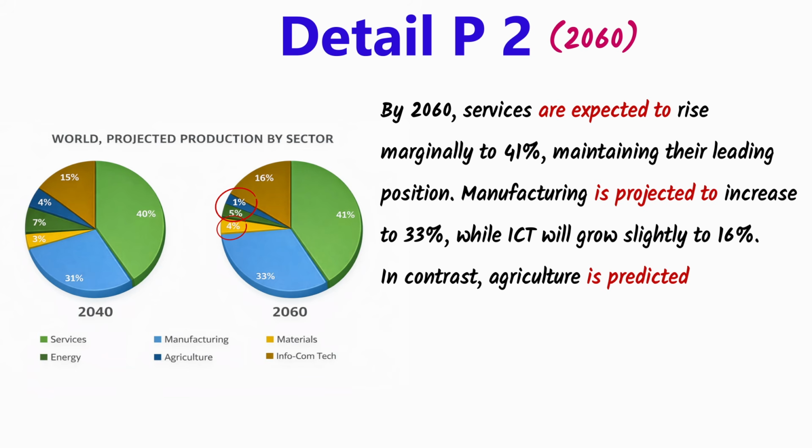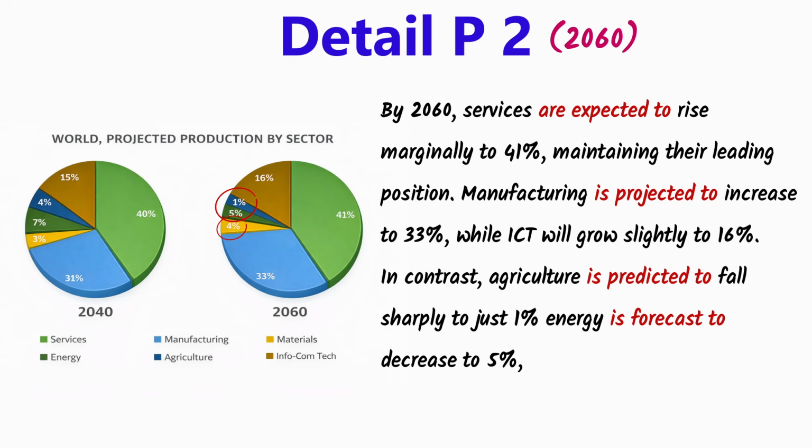So I've used is forecast to or is projected to, and I haven't used the word predicted, so I use it here. Is predicted to fall sharply to just 1%. Energy is forecast to decrease to 5%, while materials will rise by 1% to reach 4%.